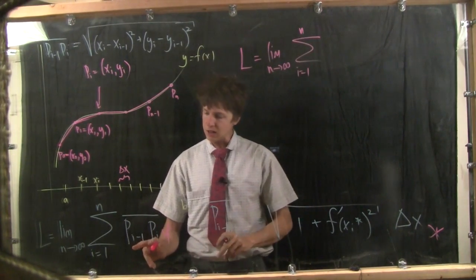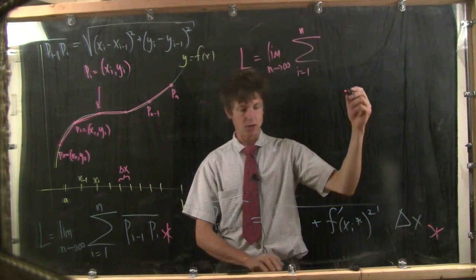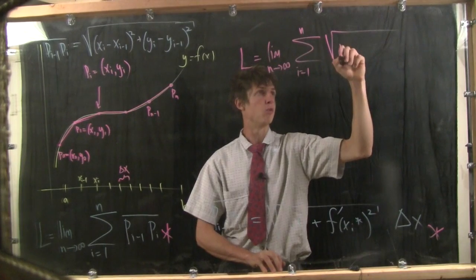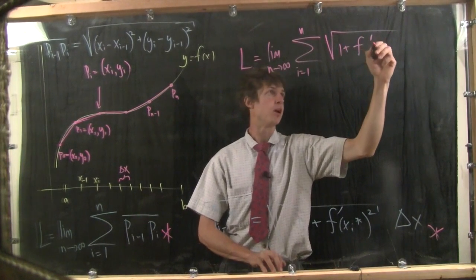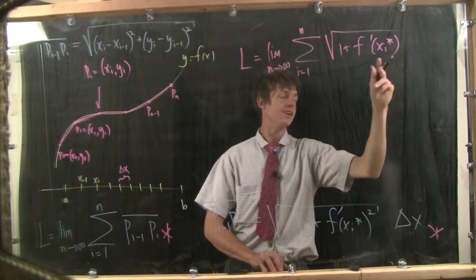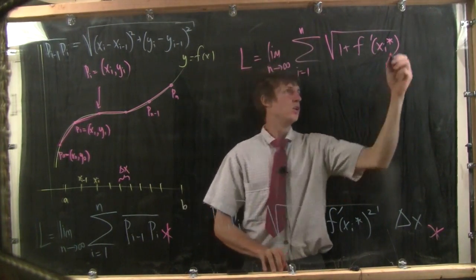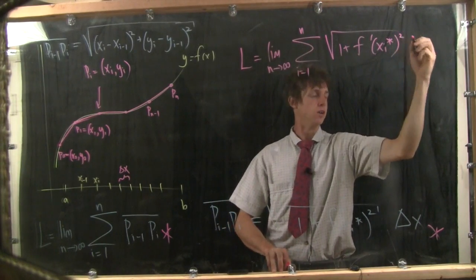And in for the length of this line segment, I'll sub in this. So I have the square root of 1 plus f prime of xi star squared. Don't worry what xi star is, it's just some number. We don't really know what it is, but we don't care.